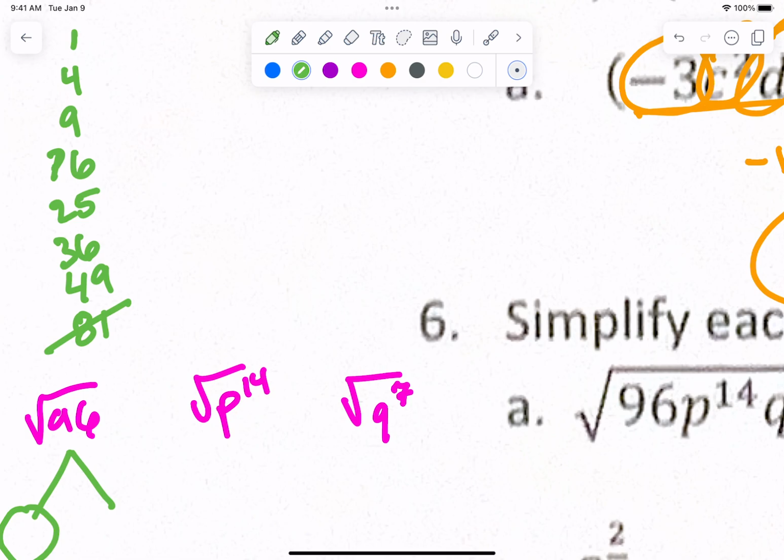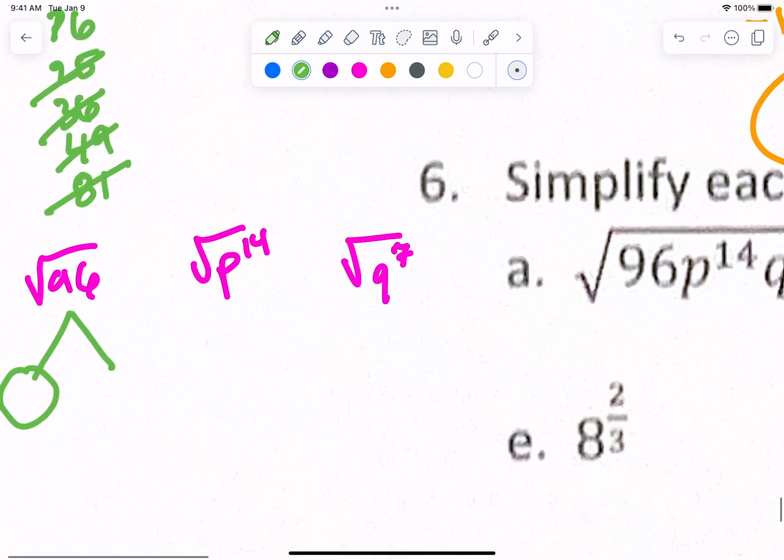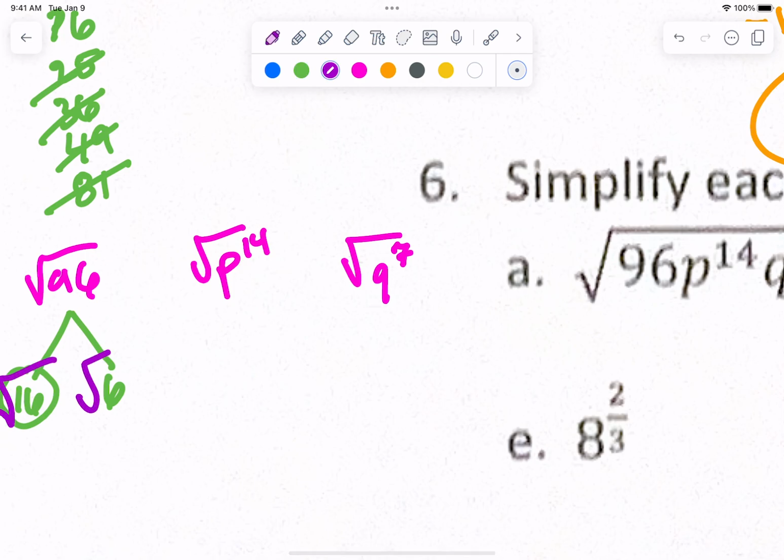Does 49? Nope. Does 36 go into 96? No. Does 25? No. Does 16? 16 and 6. All right, so the square root of 16 is 4, and the square root of 6 is the square root of 6.